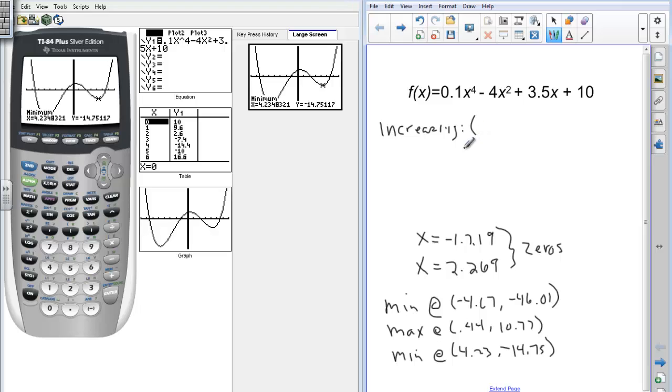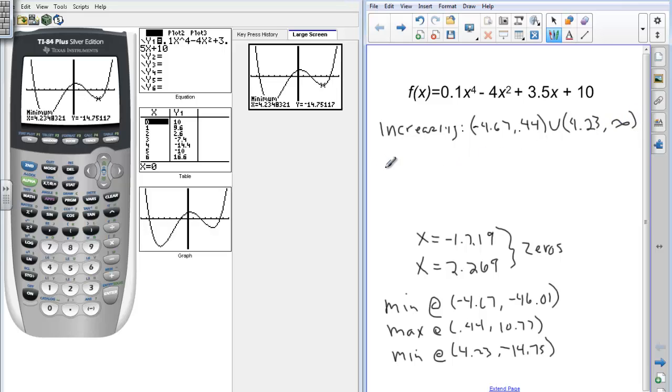We're going to go from this bottom point there, which is going to be negative 4.67, and I'm going to increase all the way up to that point, which is 0.44, increasing on that interval, and I'm also increasing from this point to infinity, and so that's 4.23, comma, infinity.